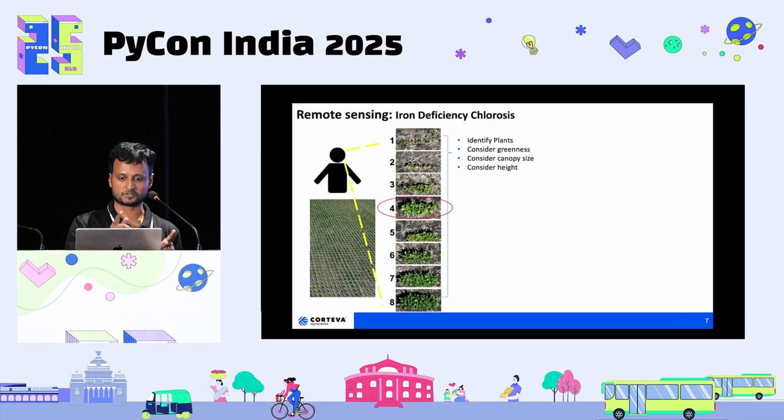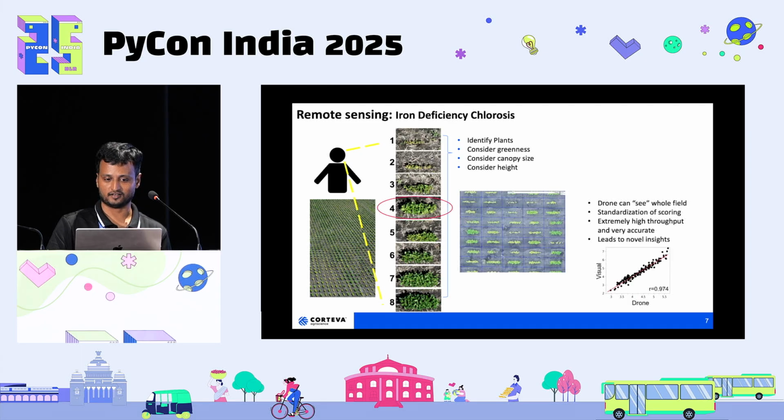I want to take one specific example to explain how AI is impacting delivering a better product. So this is soybean. When you develop soybean hybrids, there's a condition called iron chlorosis deficiency, which results in loss of yield when you plant that particular seed.